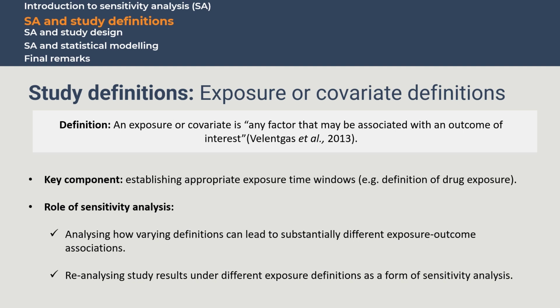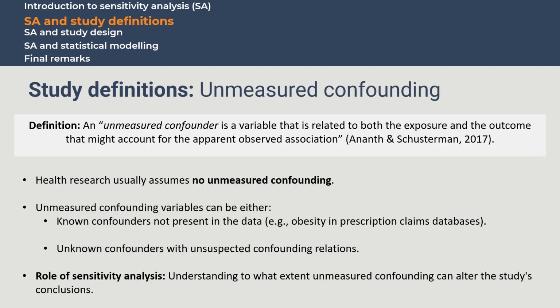Within the study definition dimension of sensitivity analysis, Delaney and Seeger allude to unmeasured confounding. And within health research, we often operate under the belief that there is no unmeasured confounding in our studies. And this is not a minor detail, because without accounting for all the confounders, our study conclusions may be biased.